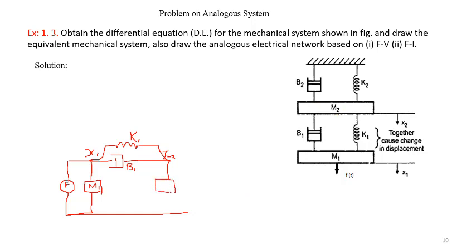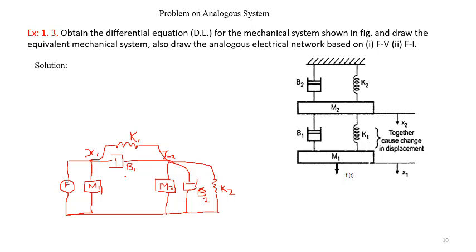So it will be M2 here, B2 connected here, and the next element K2 connected here.